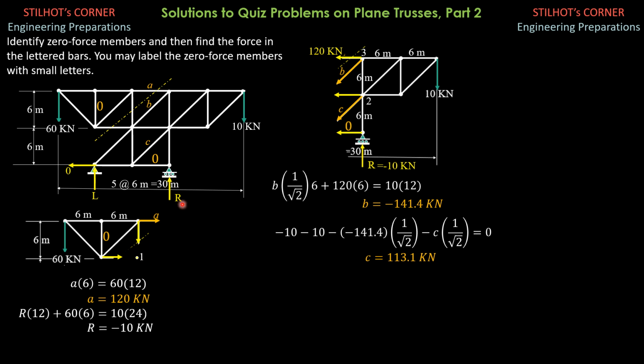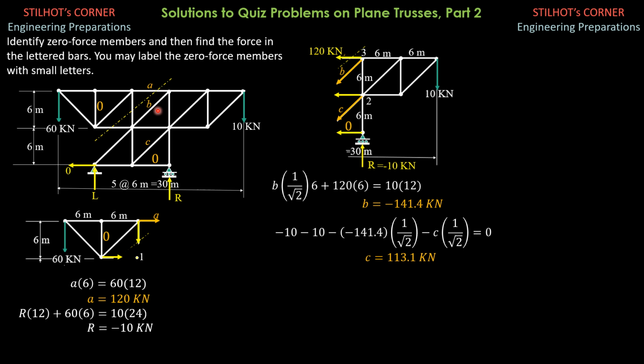Vertical reaction R, we sum up moments about the left support equals 0, counterclockwise positive, so R times 6 plus 6, so 12, plus 60 times 6, then equals 10 times 24. So R is negative 10. Having found R is negative 10, we then pass that section, and this is now the free body diagram.